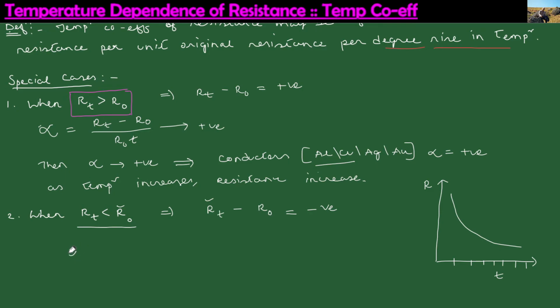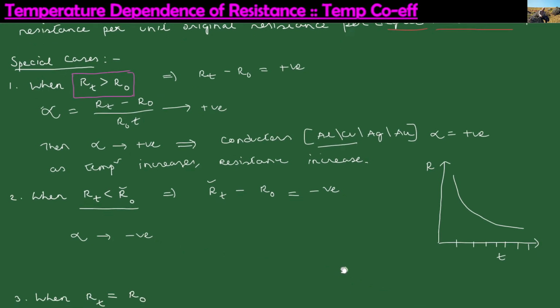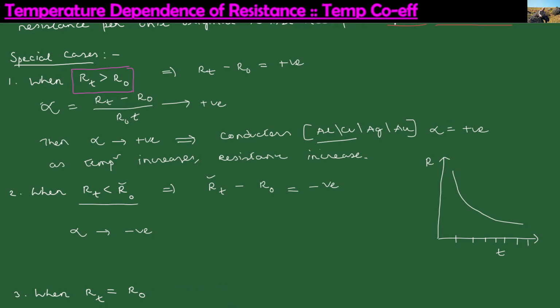So when that is negative, alpha also will be negative. Such materials where alpha is negative are known as semiconductors. All the values of the temperature coefficient of resistance will be negative.